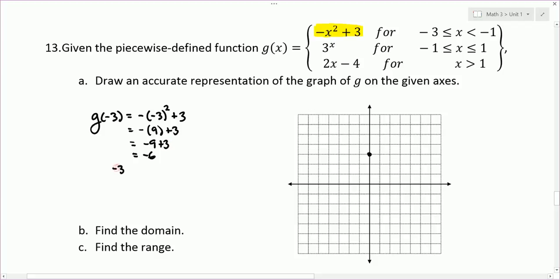So -3, -6 is a point that this is going through. Right there. And notice that's an endpoint. I plugged in -3. X is greater than or equal to -3. That equal is telling me I want to color that point in. That's as far left as we're going to go.